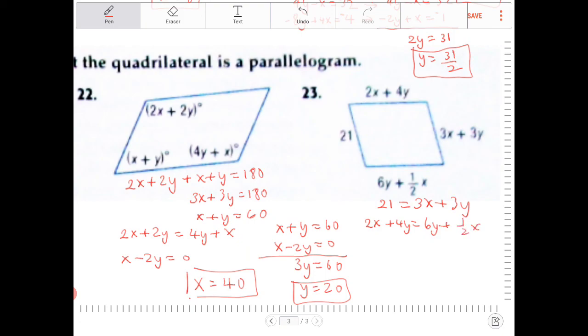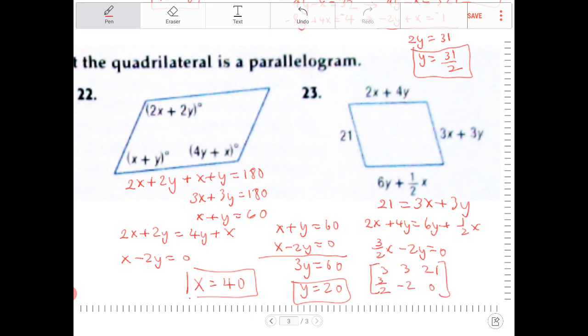If I bring all the variables over to one side, I end up with 3 halves x minus 2y is equal to 0. And you know what? This is what I'm going to enter into the calculator because I'm totally out of space. So this is 3, 3, and 21. 3 halves and negative 2 and 0. This is what I'm going to be entering.